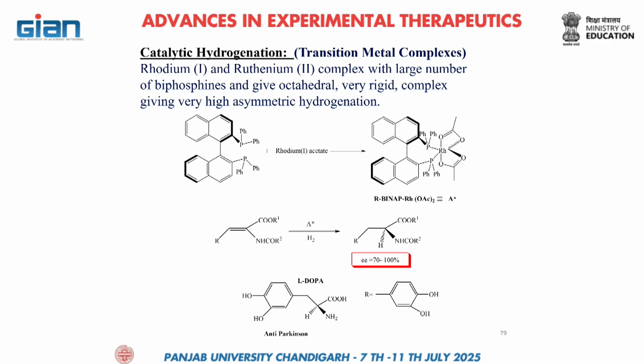One NH2 group, one COOH group, and on the other side a hydrogen and an aromatic ring substituted by two OH. So the industry which is making this drug requires this drug in a pure enantioselective way.